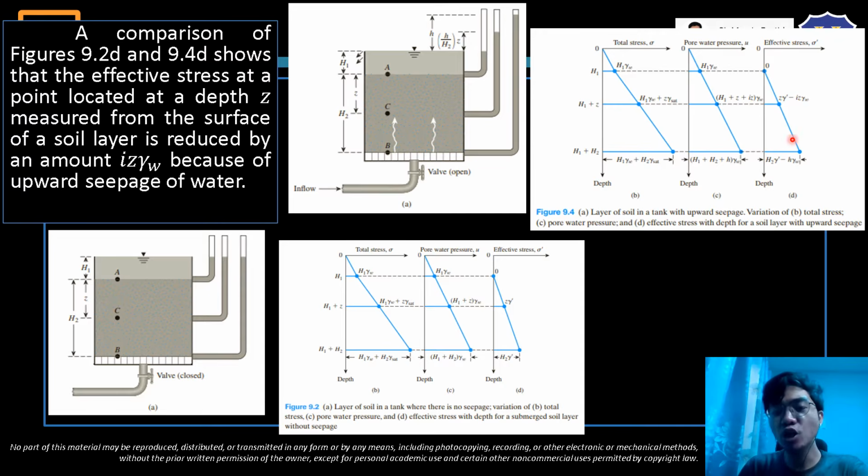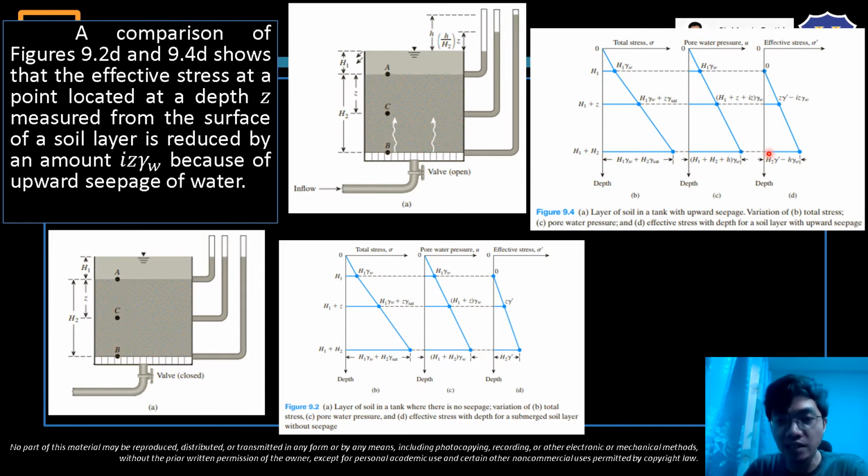Alright, if we compare the effective stress with upward seepage and the effective stress without seepage, this is the plot of the stresses with no seepage, and this one is with upward seepage.